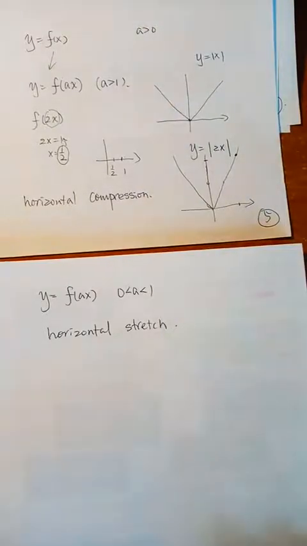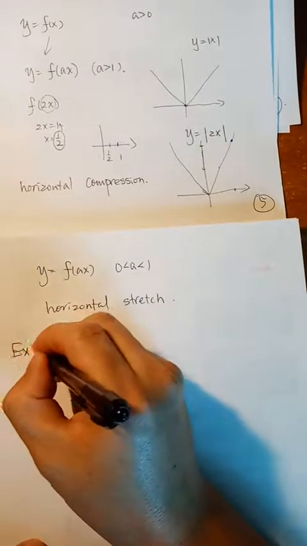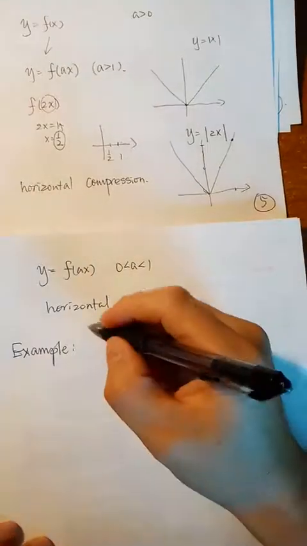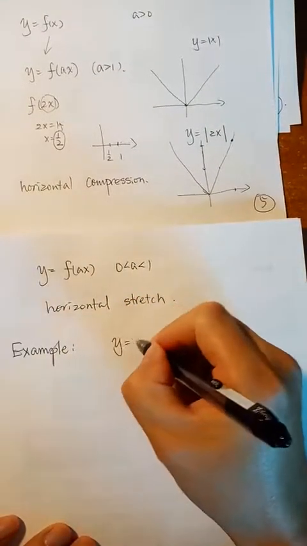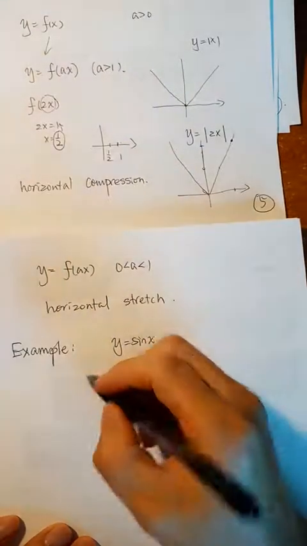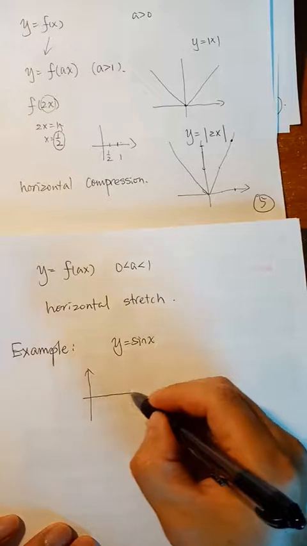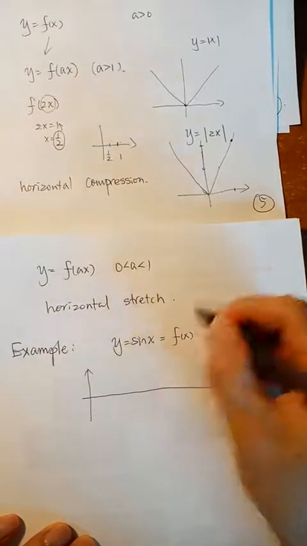Okay, so let's check. Assume we have a sine function. The sine function is a wave function like this. Or even we don't care what name you have, let's just call it f(x).